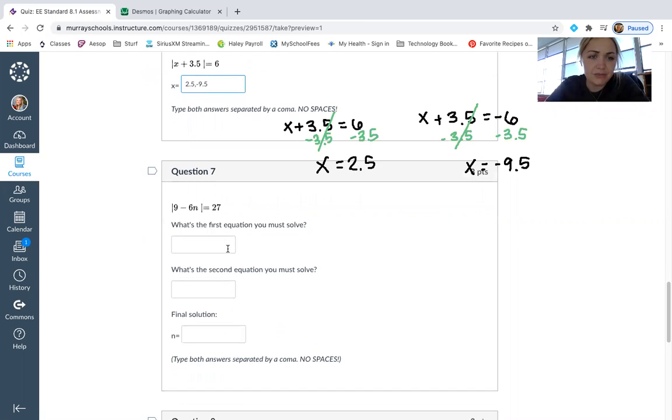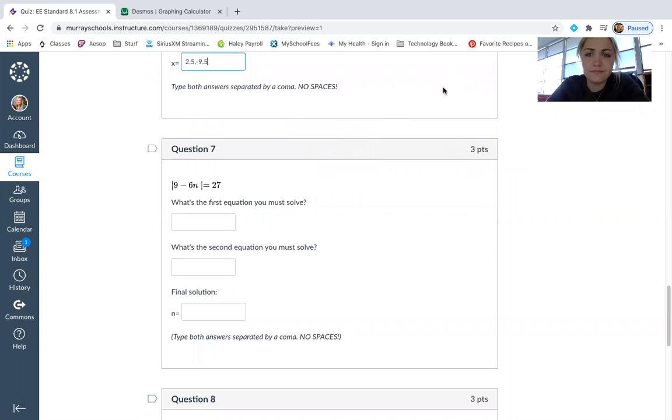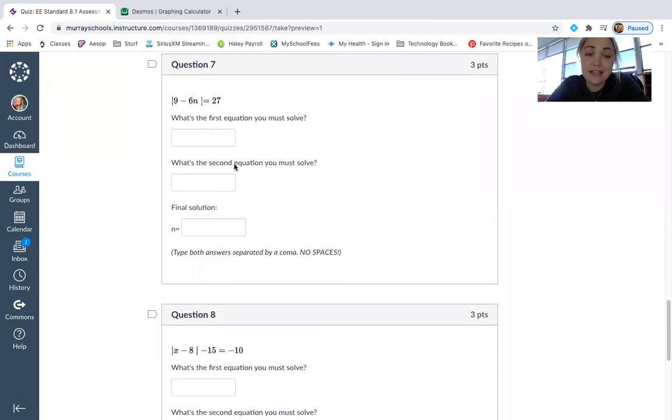All right, let's go to question number 7. On question 7, this one's actually asking you to split it into the two equations and then you solve it. So I have 9 minus 6n equals 27. So my first equation that I would write down would be 9 minus 6n equals 27.